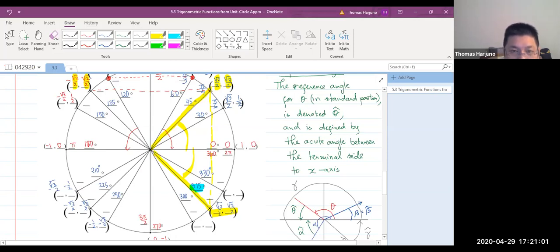Is the x positive? Well, it's in quadrant 4, right? So the x must be positive. How about the y? The y must be negative. How about the number? The number is the same for the y's, but the sign, the plus or minus, will be minus here because it's in quadrant 4.